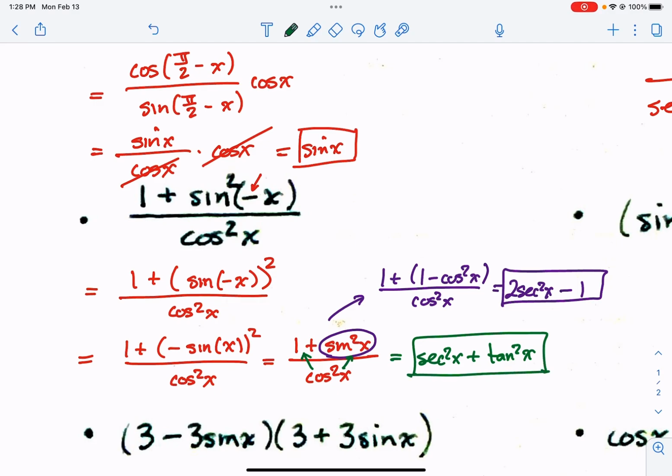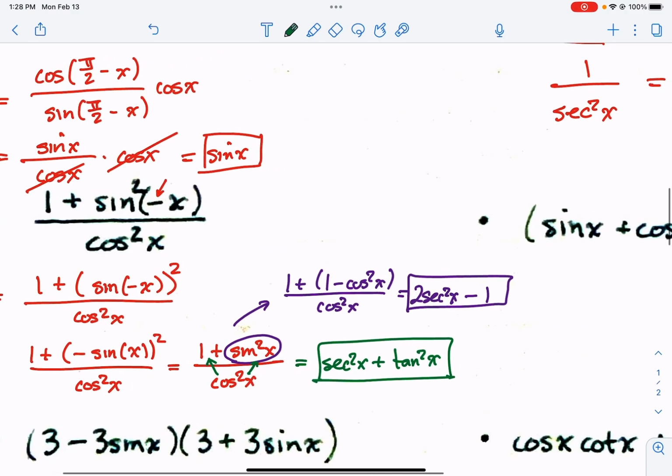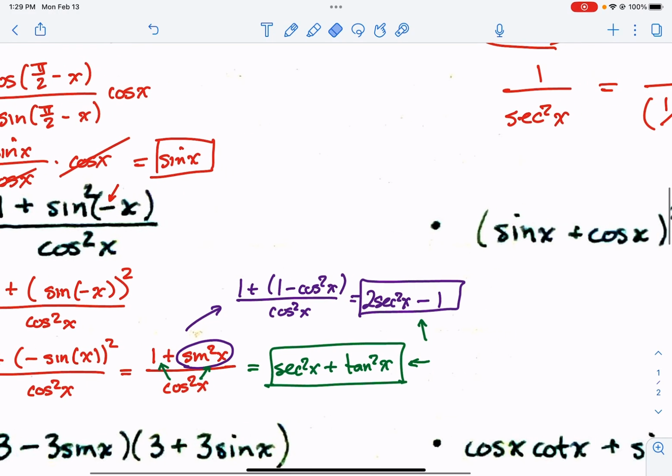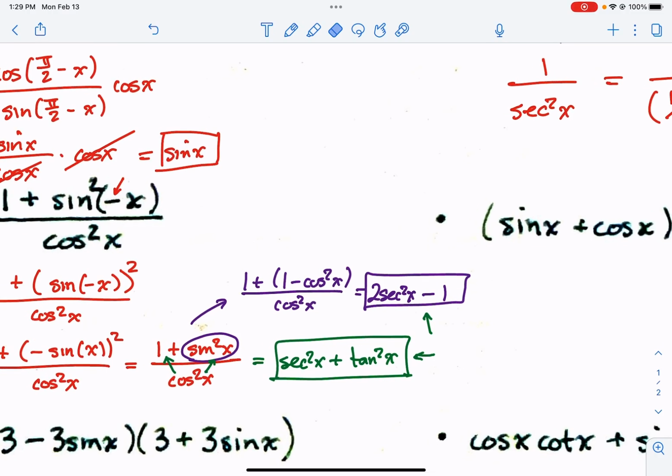It's really just a matter of preference which one you would put as your final answer, but they're both pretty much as far as you can go. Notice how we don't have any fractions in this one or in that one. So that's sort of the goal. You want to get rid of all the fractions. You don't want to have any negatives inside of a square root like that one. So anyway, those are two valid answers there.